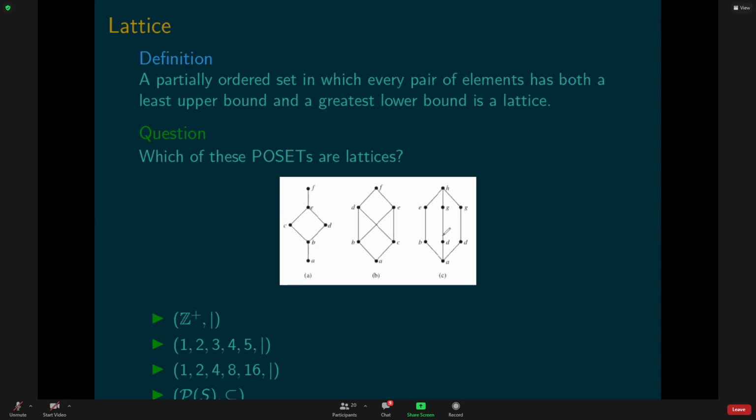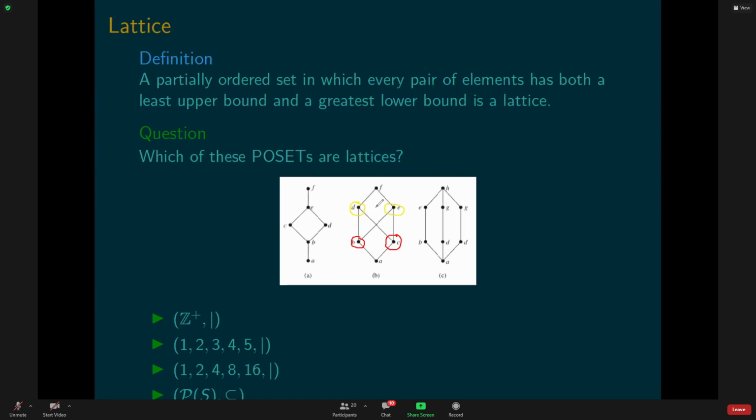What about the third one? Are they all lattices? No. So if we take these two elements, then they have two upper bounds, right?